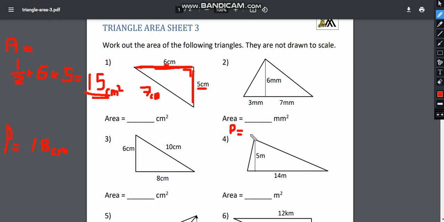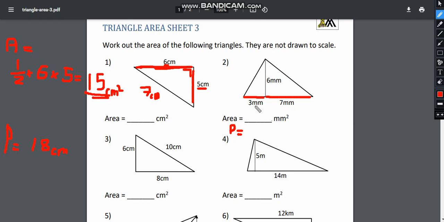Okay, so one thing that might be tricky here is what is the base? We know that the area is half the base times the height. But what is the base here? Well, it's 3 millimeters from here to here, and it's 7 millimeters from there to there, and then it's 6 millimeters up.